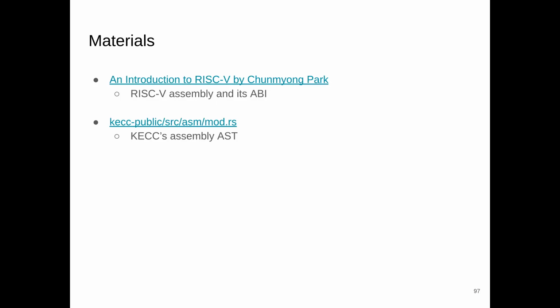So in the forthcoming homework, you're going to implement ASMGen, which translates an IR into the assembly AST that is defined here. So in a video, we are going to study this, and then you are going to implement a compiler that targets the assembly defined here. Okay, that is the materials.